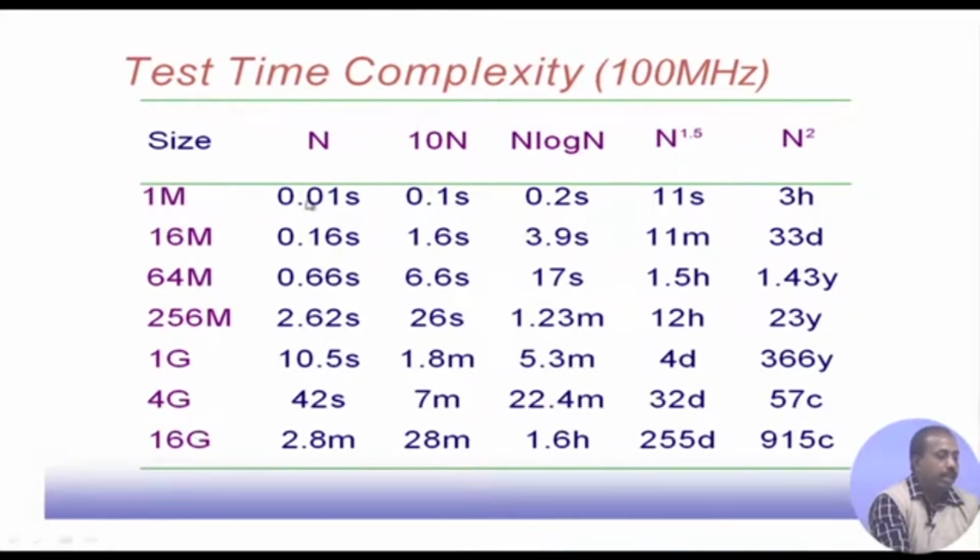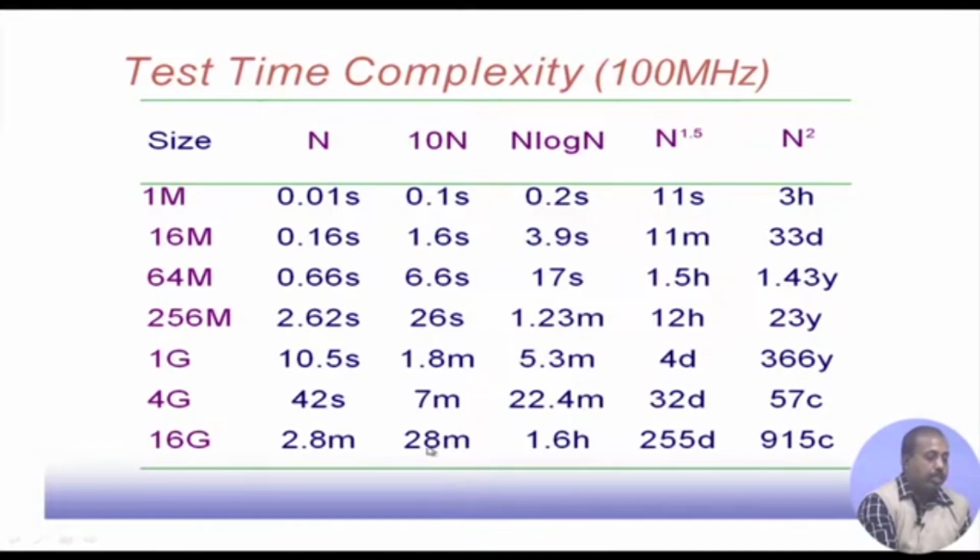If I have a generated test policy that can test the memory in linear time, and the test runs at 100 megahertz, then for a 1 megabit memory it takes 0.01 second, whereas for a 16 gigabit memory it takes 2.8 minutes. On the other hand, if the test requires 10n time to apply the test pattern and see the responses, then this is 0.1 second and this is 28 minutes.